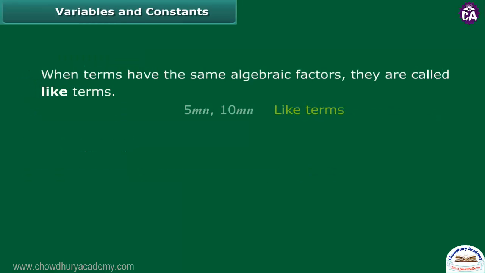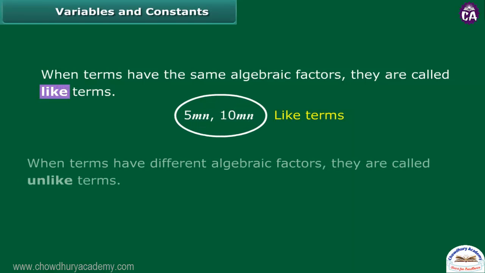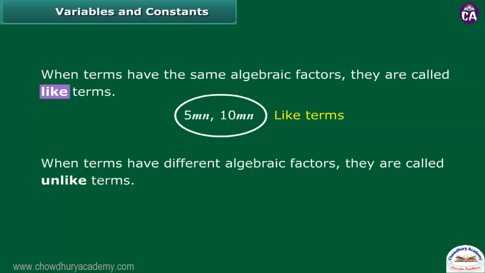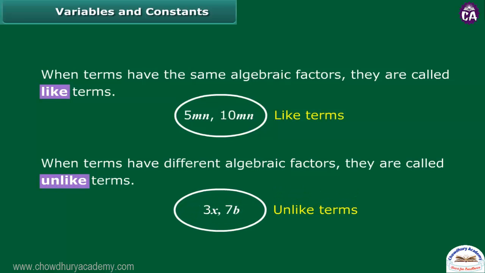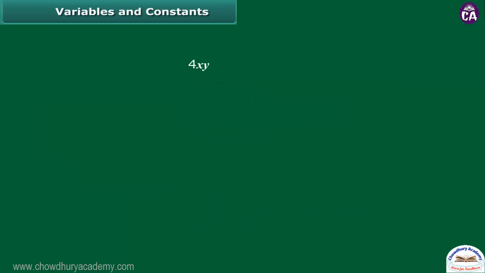When terms have the same algebraic factors, they are called like terms, and when terms have different algebraic factors, they are called unlike terms. Let us see an example. We have an expression 4xy minus 5x plus 3xy plus 2. Now, look at the terms 4xy and 3xy. The factors of 4xy are 4, x, and y.